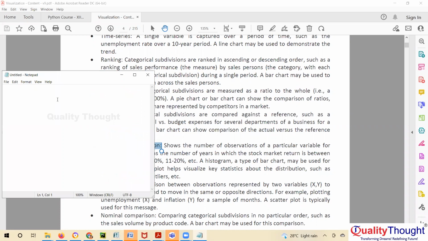Okay. Let's say, you create groups. You can create a group between 0 to 10. Okay. 0 to 10 marks. Okay. 10 to 20. Okay. 20 to 30. So on up to 90 to 100.